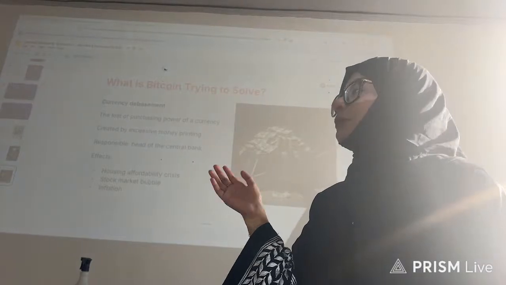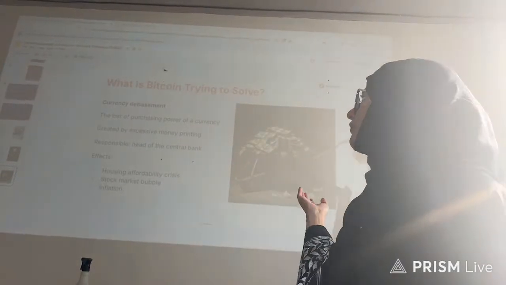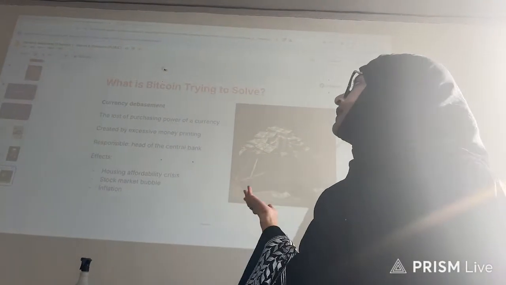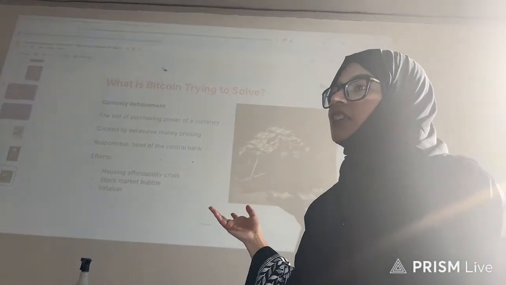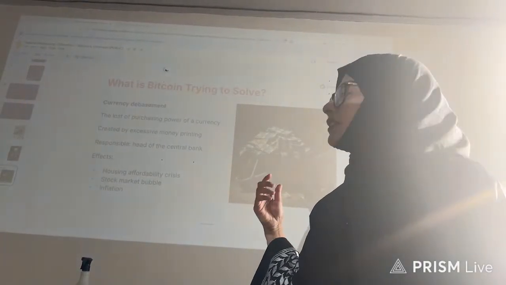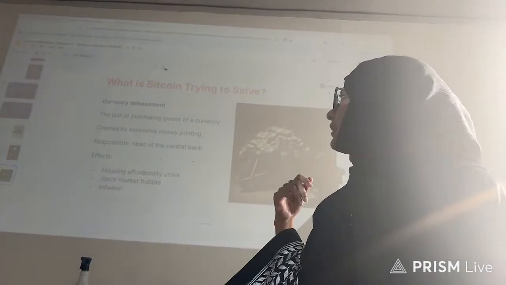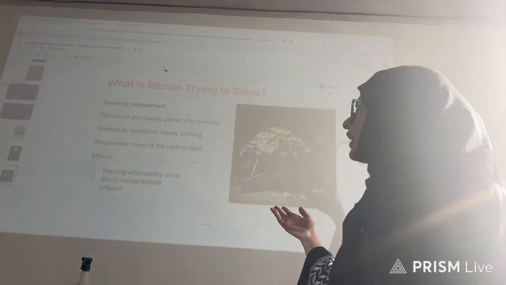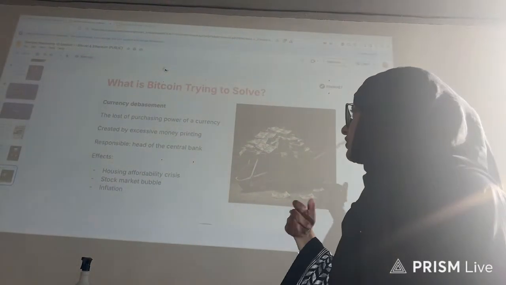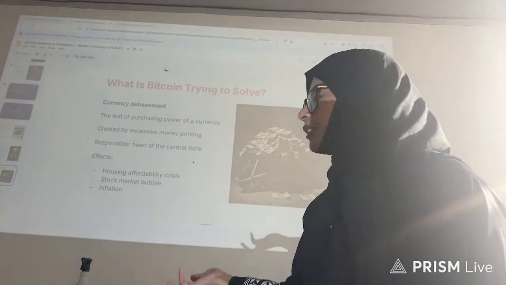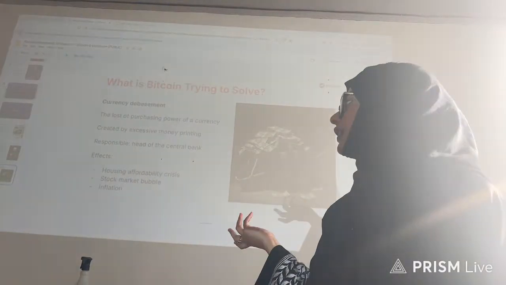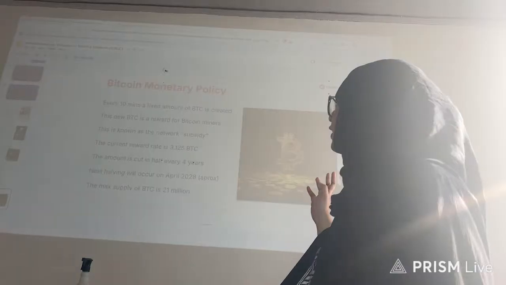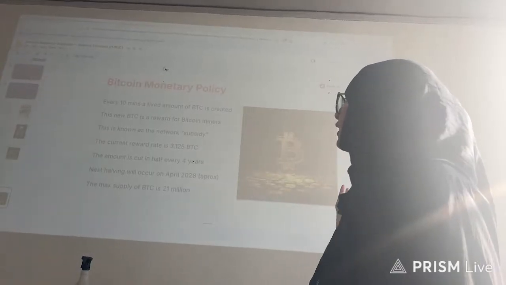That's because of inflation and currency debasement, where currency debasement basically means the loss of purchasing power of a currency, and it's caused by excessive printing by the bank. The responsible party is the head of the central bank, and it causes affordability crisis, stock market bubble, and inflation, right? And we were looking at how money was getting printed.